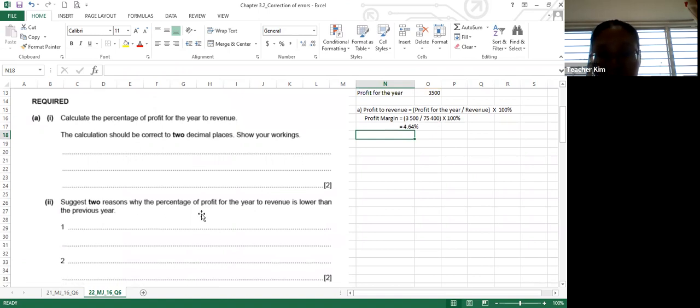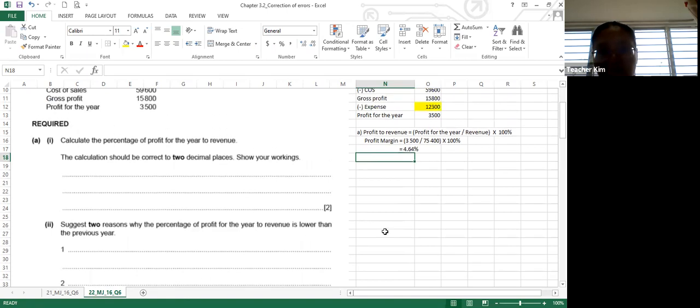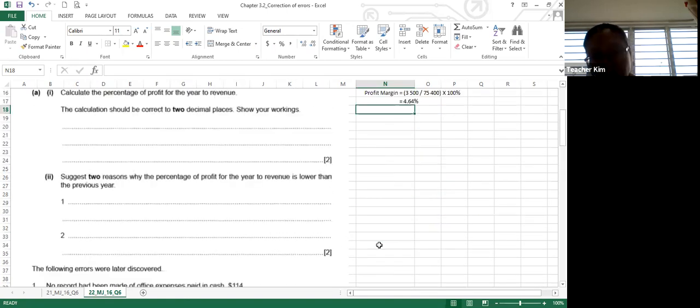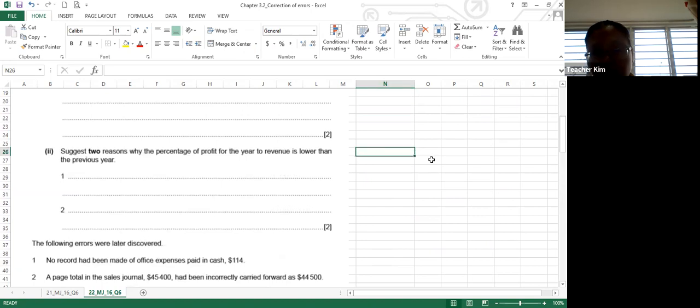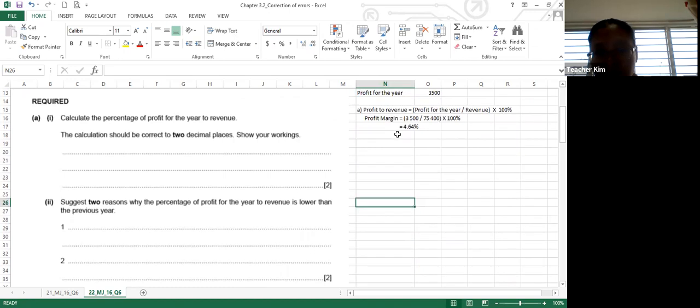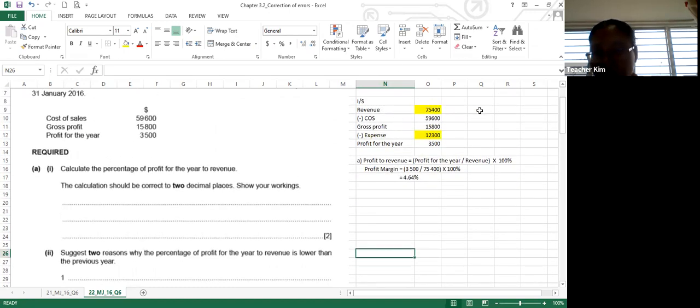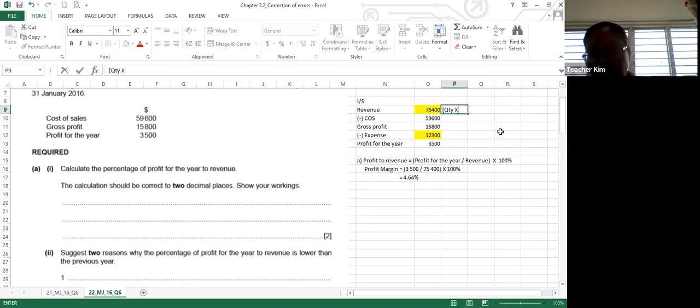The next one: suggest two reasons why the percentage of profit for the year to revenue is lower than the previous year. This is for 2016, so 2016 is lower than the previous year. From the formula that we can see here, we can try to talk about the revenue. The revenue is quantity times the selling price, so try to use the selling price for answer number 1.